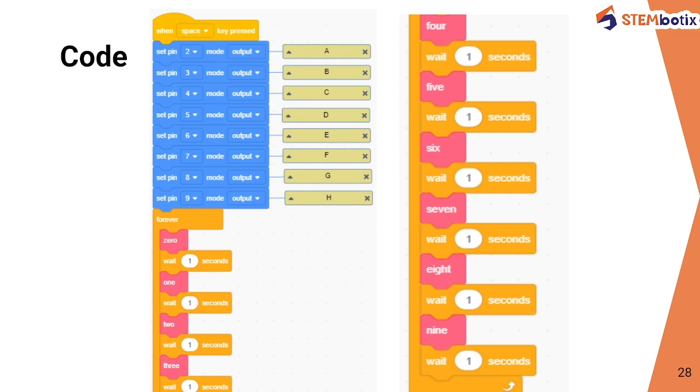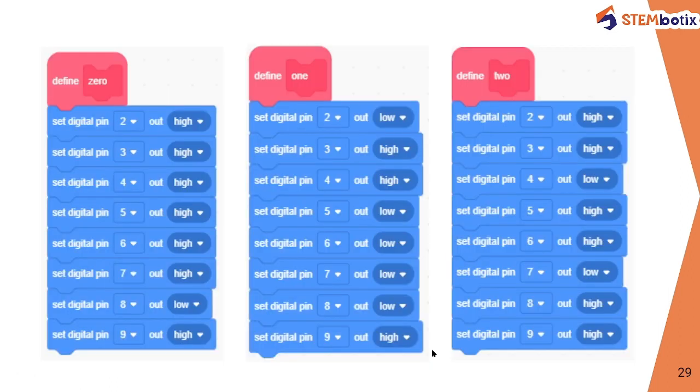In order to make a specific block, we will go to the My Blocks category, and from that category we are going to make a particular block for 0, 1, 2, 3, 4, 5, 6, 7, 8 and 9. Under this particular block, we will add how to display 0.